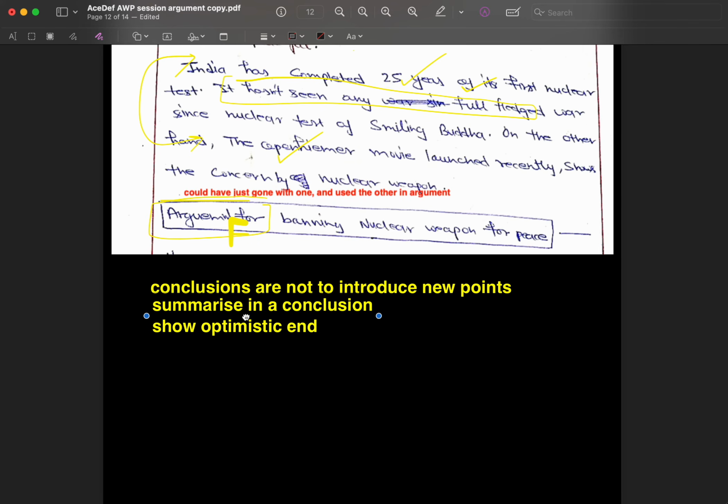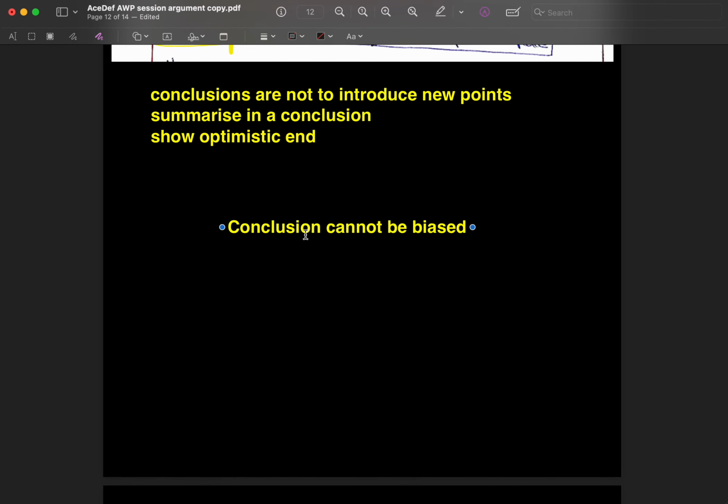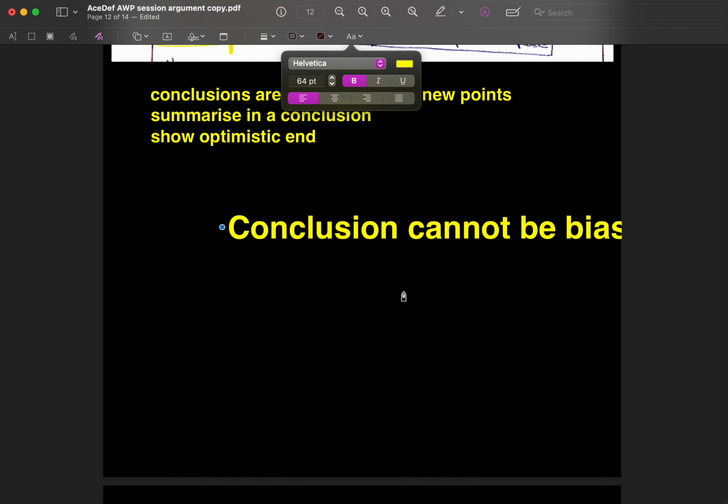And always, irrespective of what the topic is, what side you take, you have to show an optimistic end, and the conclusion cannot be biased. This is one more thing which you all have to mug up, that the conclusion cannot be biased.